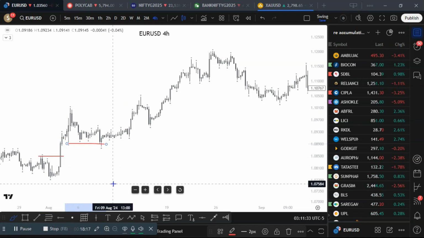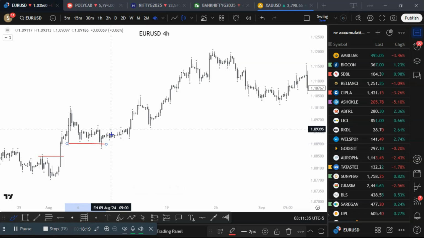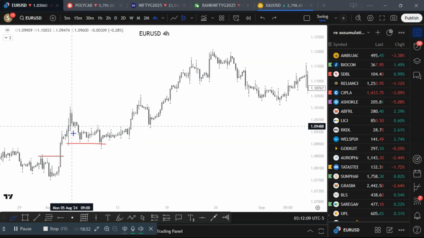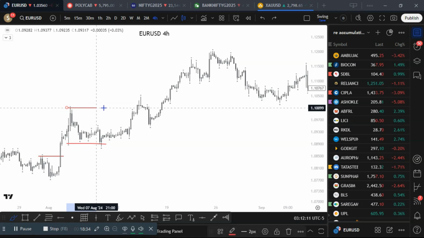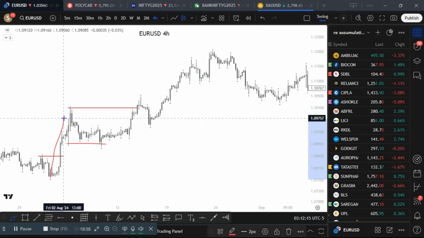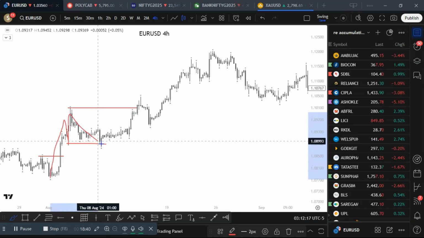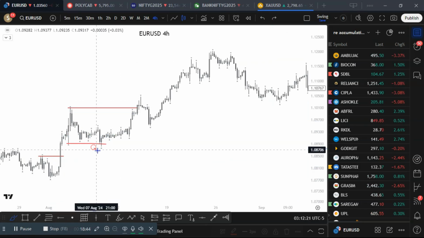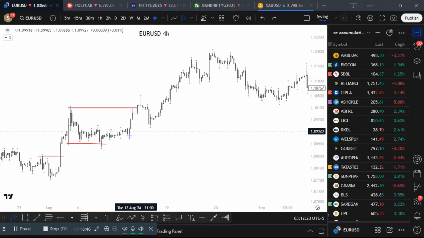Now we will do nothing because we don't know if price wants to continue or push further lower. So now price swept internal liquidity and broke external structure. Now we know price did breakout, grab liquidity and then broke external structure. Now we know this point is protected and we can trade from this zone.